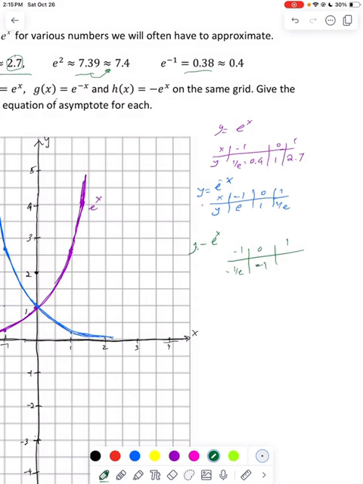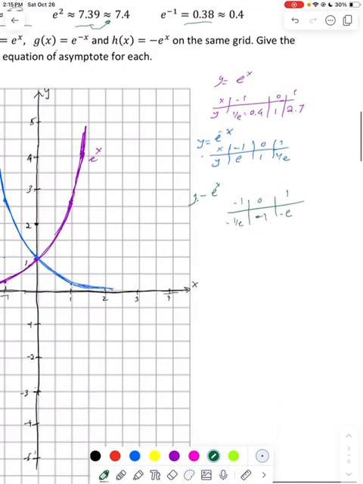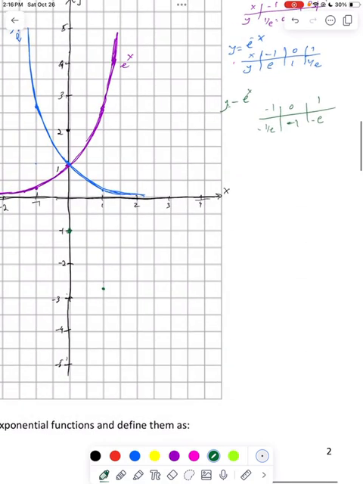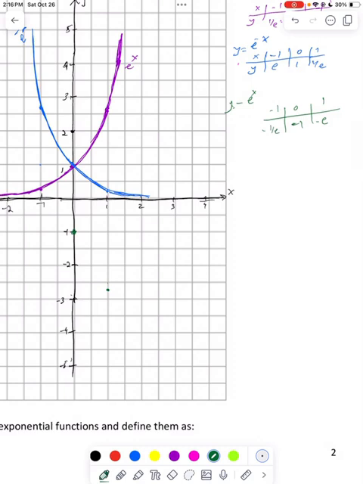At 1, it will become -e, which is -2.7. And at 1, it will be -0.4.